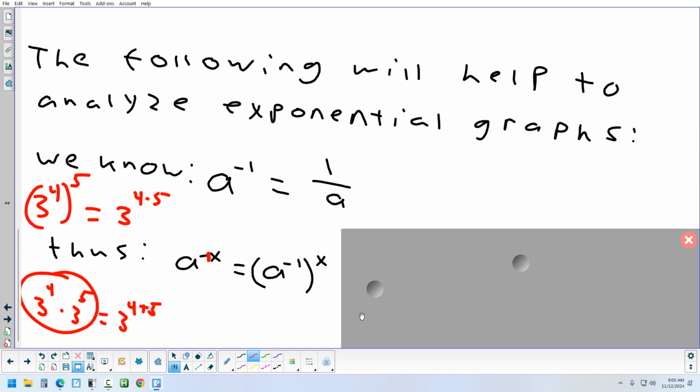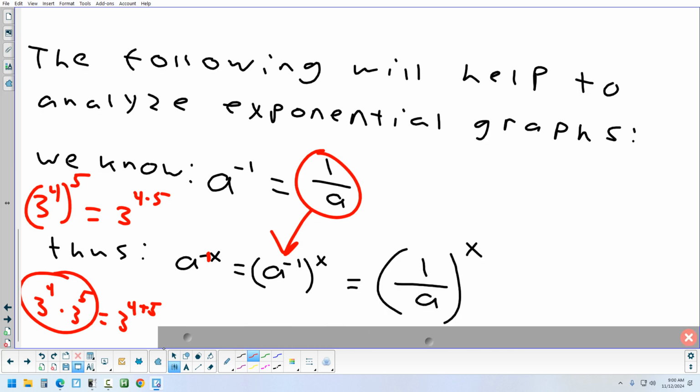And up above, we just talked about what a to the negative 1 is: 1 over a. So anytime we see something with a negative exponent, that is how you can rewrite it. You basically flip the base, and then the exponent becomes positive.